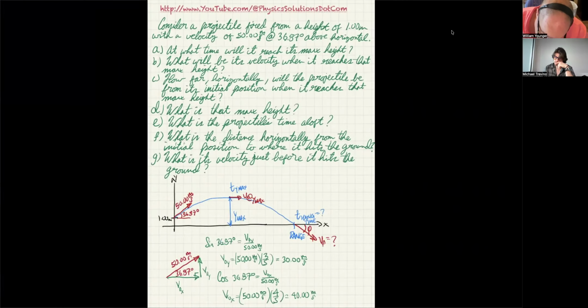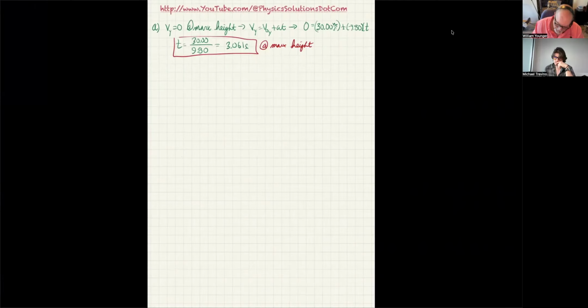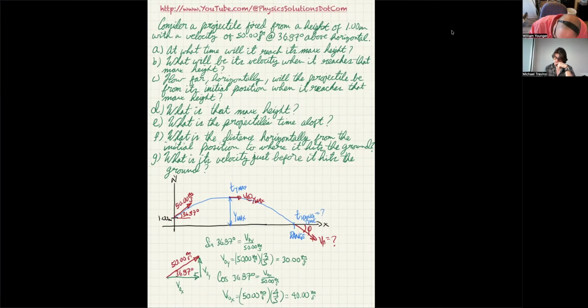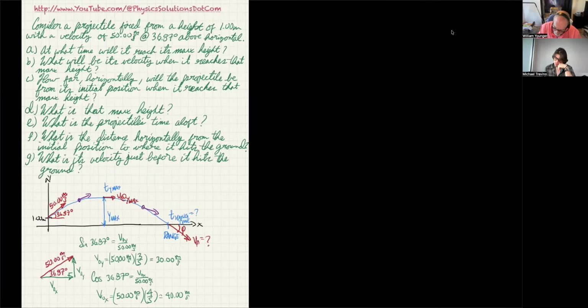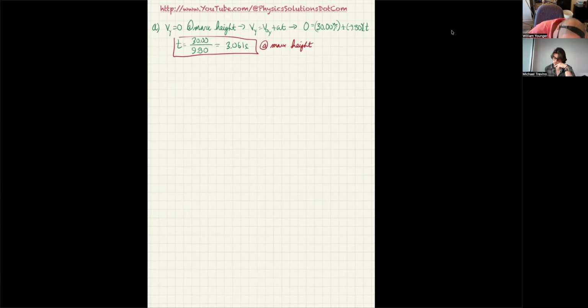Now for part B, it says what will be its velocity when it reaches the max height? Well, in this case, we've got an x component of velocity and a y component of velocity, right? At every point in the projectile motion, we have an x component of velocity and a y component of velocity, like this. But at the max height, the y component is 0. So when we go to figure out what the velocity is, we want to know velocity at y equals y max.